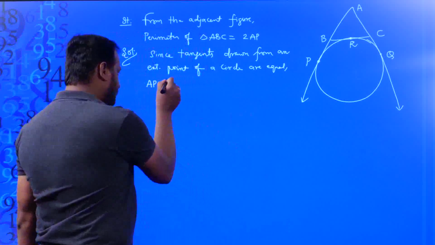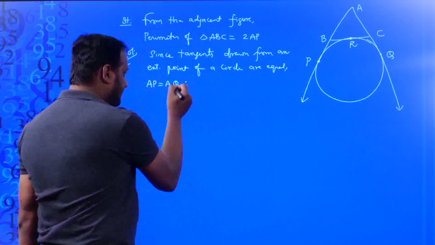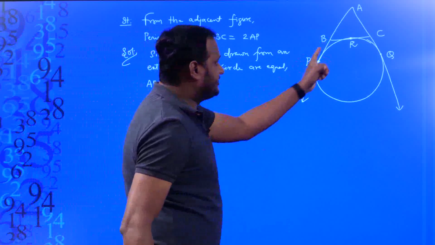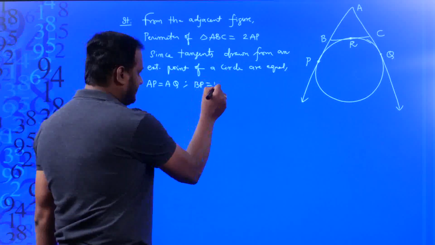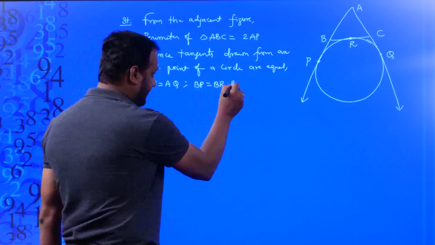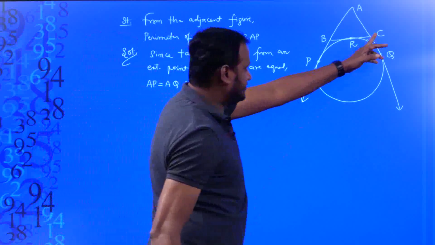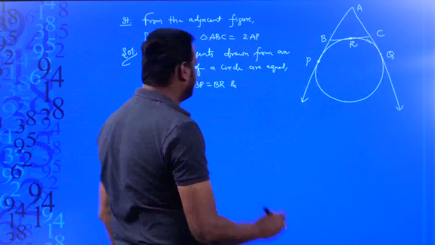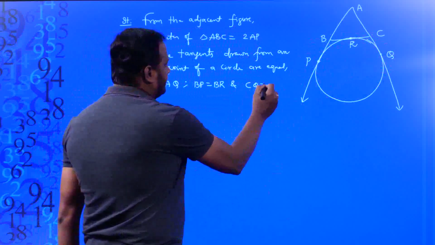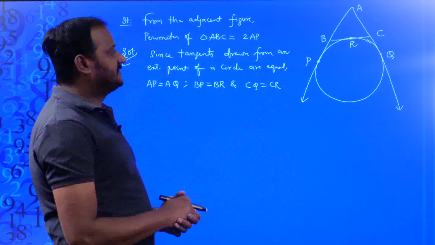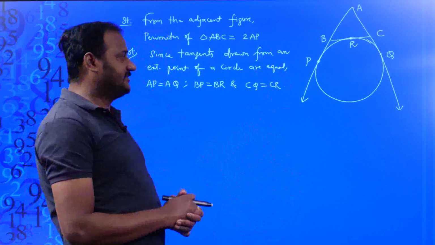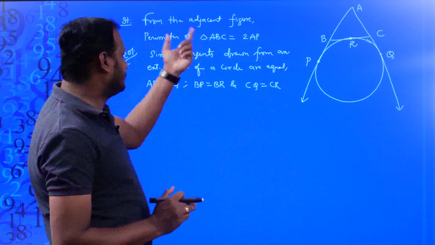AP is equal to AQ. What is the second one? That is BP is equal to BR. And what is the third one? Third one is going to be CQ is equal to CR. So this is the information that we obtained from the given figure. Let us get into the problem.